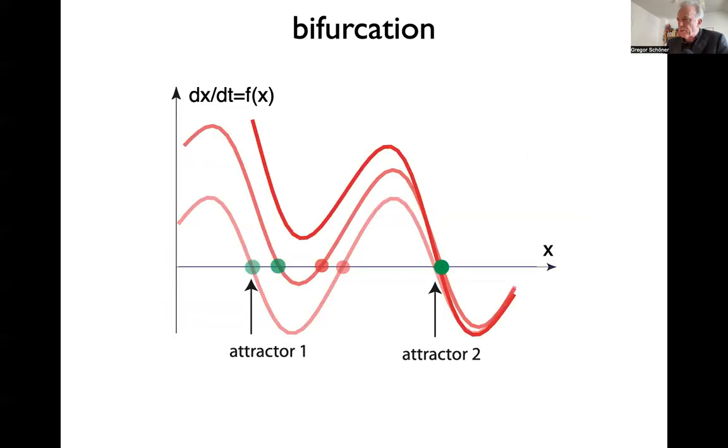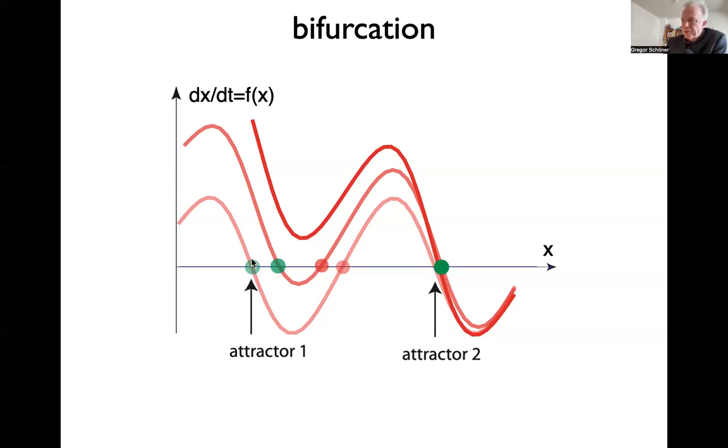And I'll make this concrete. Here's an example. I'm not writing down the equation for now. The different shades of red are supposed to reflect different values of a parameter, and I have plotted 3 levels, but if you vary that parameter continuously, the curves will be continuously deformed from the light red to, let's say, the dark red.